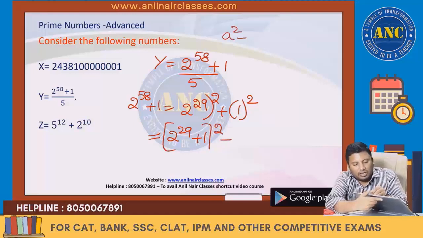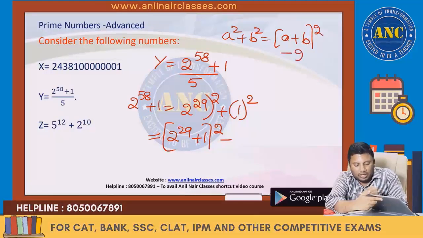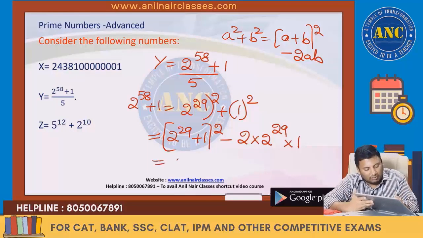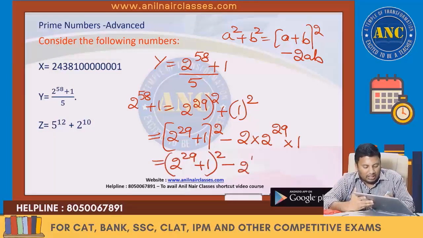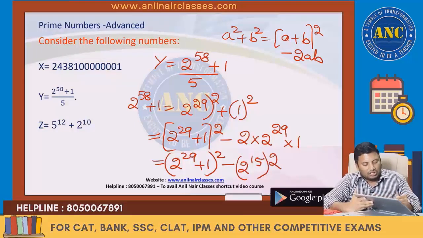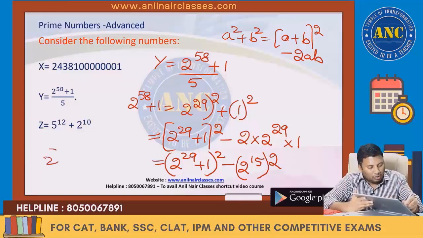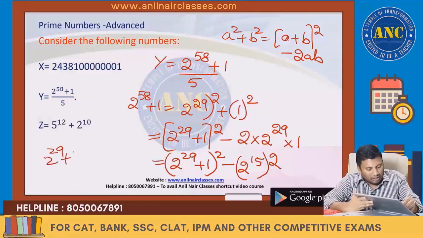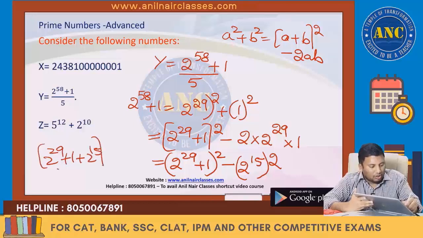So this is (2^29 + 1)^2 minus 2 into 2^29 into 1, which is 2^30, that is (2^15)^2. Now a^2 - b^2 is (a + b)(a - b), so this is (2^29 + 1 + 2^15)(2^29 + 1 - 2^15).